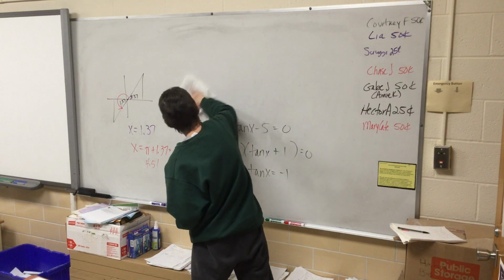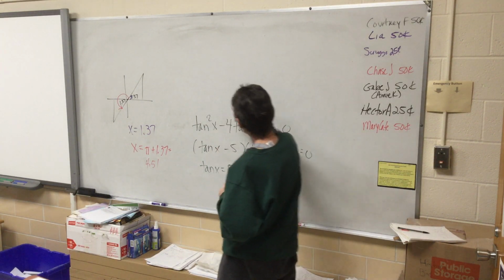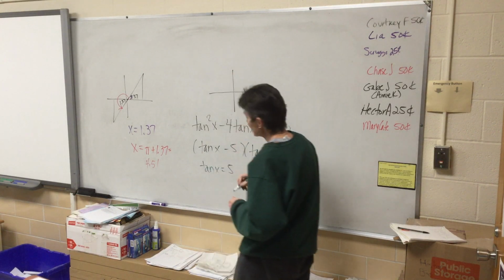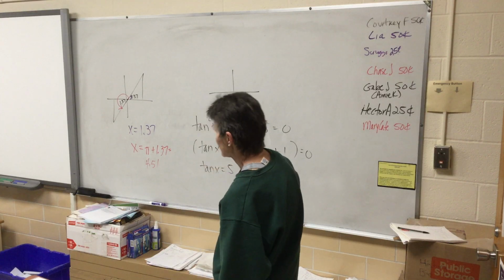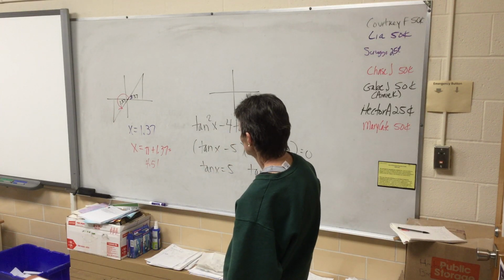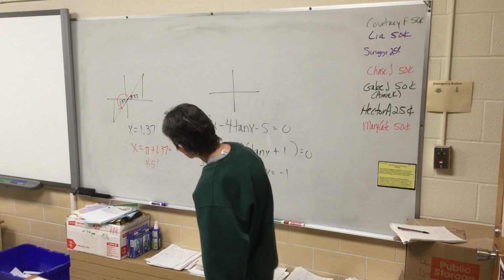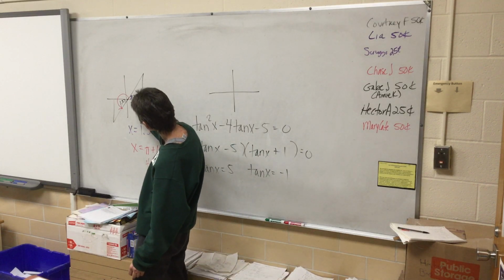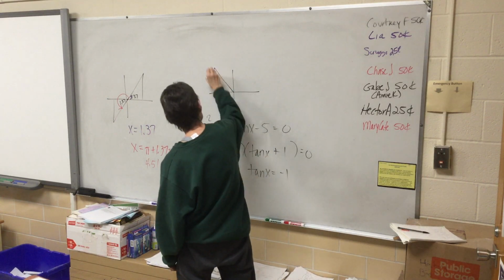Now we need to find where the tangent is negative. Well, where will the tangent be negative? Guys, if it's positive in 1 and 3, then it's going to be negative in 2 and 4.